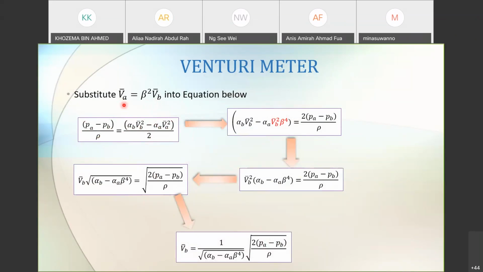So we substitute the value of VA into this, and we get our equation something like this. Now after rearranging all the equations, we can get the velocity at point B. VB is equal to 1 over square root of alpha B minus alpha A beta to the power of 4 times square root of 2 (PA minus PB) over rho.